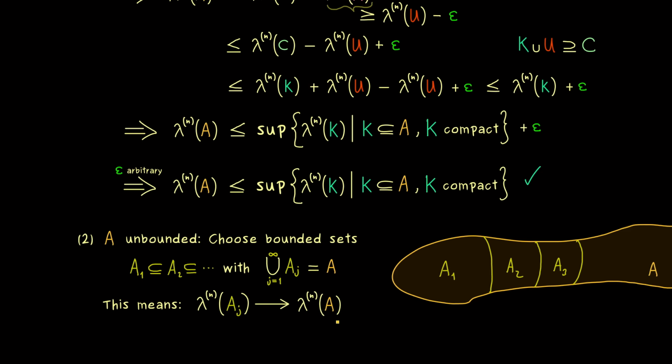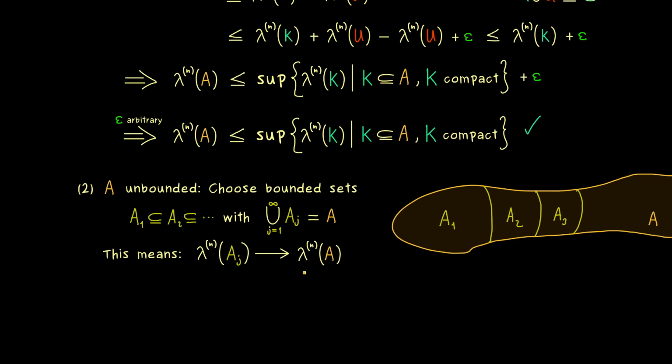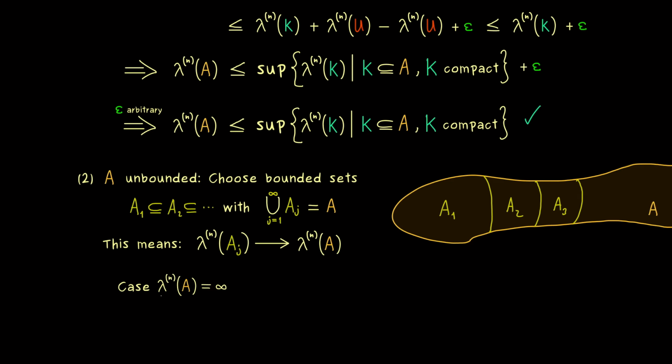So this is quite nice, and now we can even distinguish two subcases here. Either this measure is infinity or it's a finite number. Anyway, both cases are quite simple now. This is because we can apply part 1 to each of the bounded sets AJ. This means we always find a compact set Kj that is included in AJ.